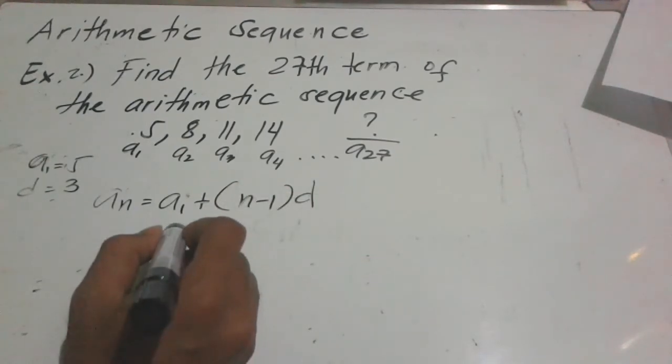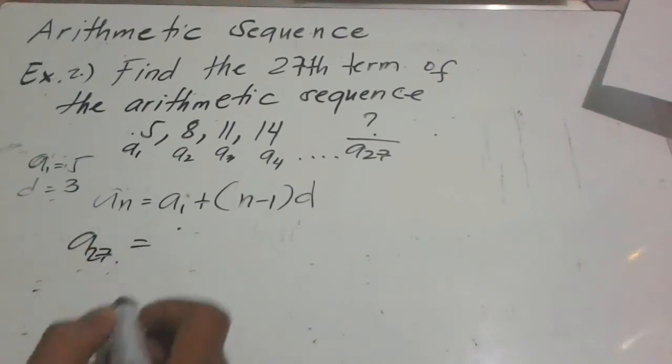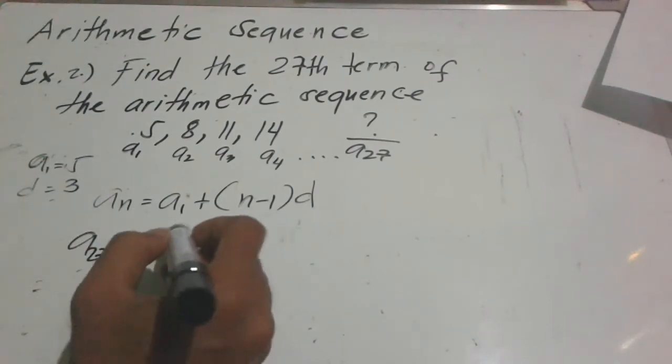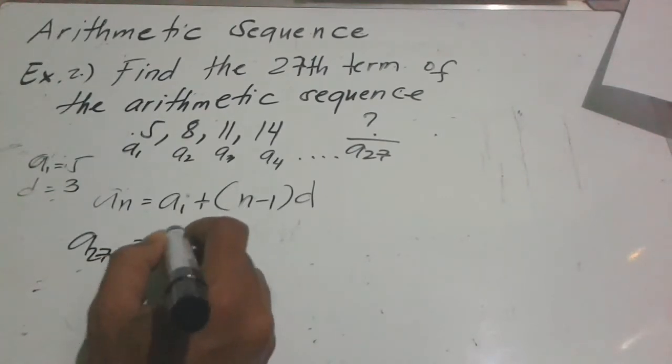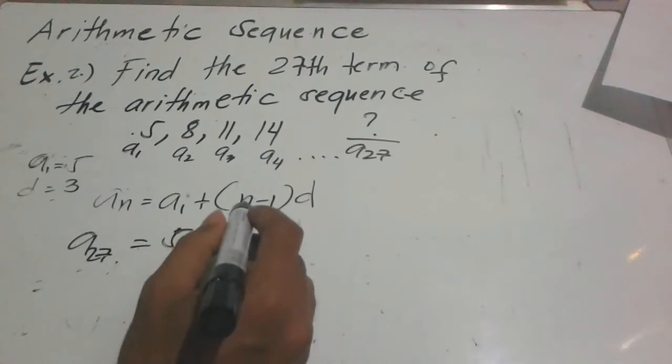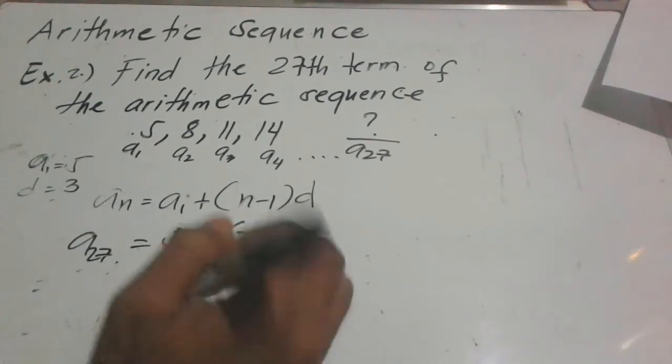Substitute the values. Hinahanap natin is 27th term, which is the last term. Then, a sub 1 or first term natin is 5 plus n. Pwede natin i-direct na 27, ang 27th term kasi hinahanap natin.